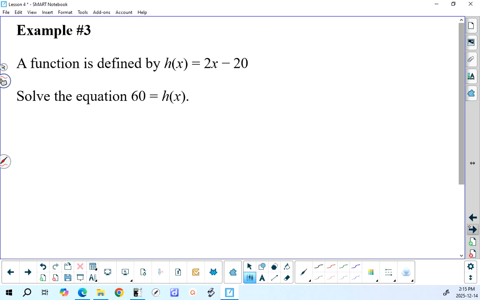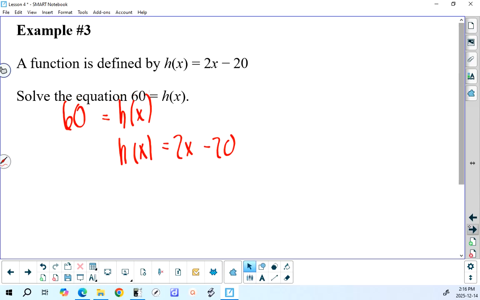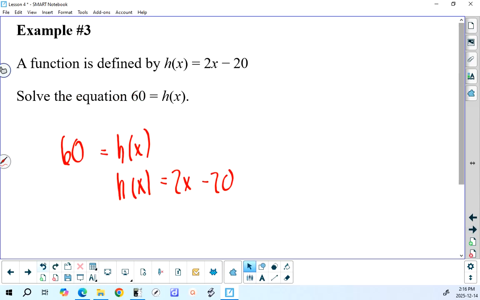A function is defined by h of x equals 2x minus 20. Solve the equation 60 equals h of x. Well, if I have 60 equals h of x, and I'm telling you that h of x is equal to 2x minus 20, well, then these two things are equal. And that just simply means that h of x is 60 and h of x is 2x minus 20.